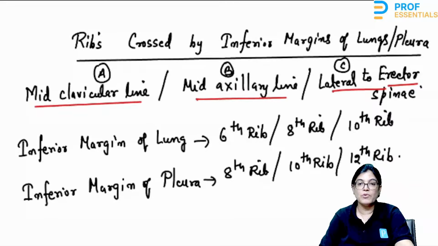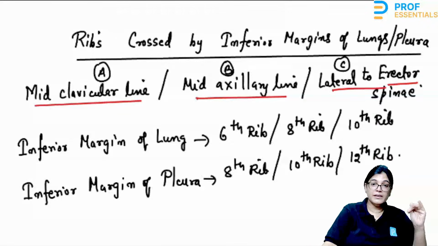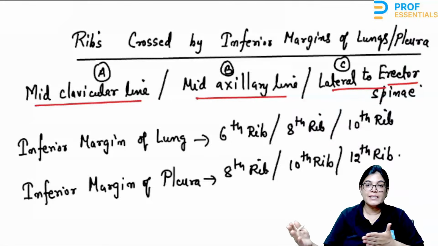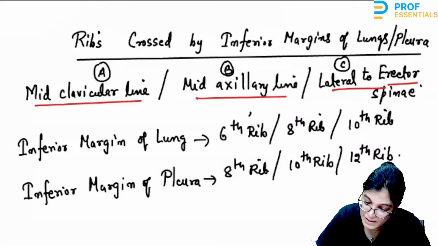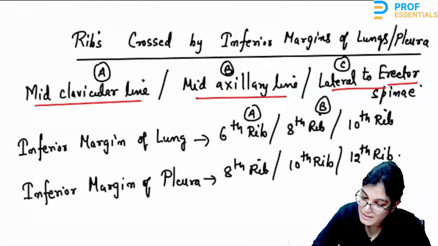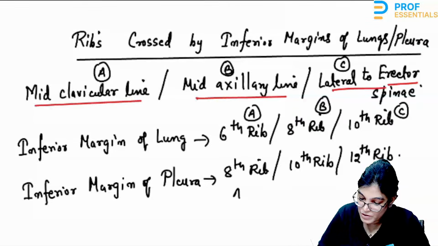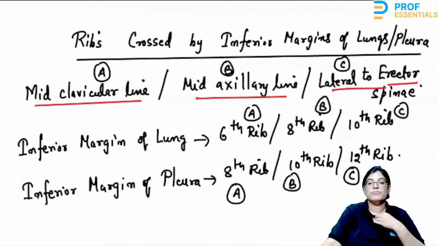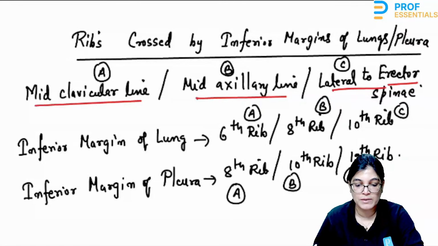This is an important point which everyone should understand. If I'm talking about the ribs crossed by inferior margin of lung and pleura, there is a 2 rib difference. Inferior margin of lung crosses the 6th, 8th and 10th rib in mid clavicular, mid axillary and erector spinae line. That means at the level of A, B and C. And the inferior margin of pleura crosses the 8th, 10th and 12th rib at the level of mid clavicular, mid axillary and lateral to erector spinae muscle.